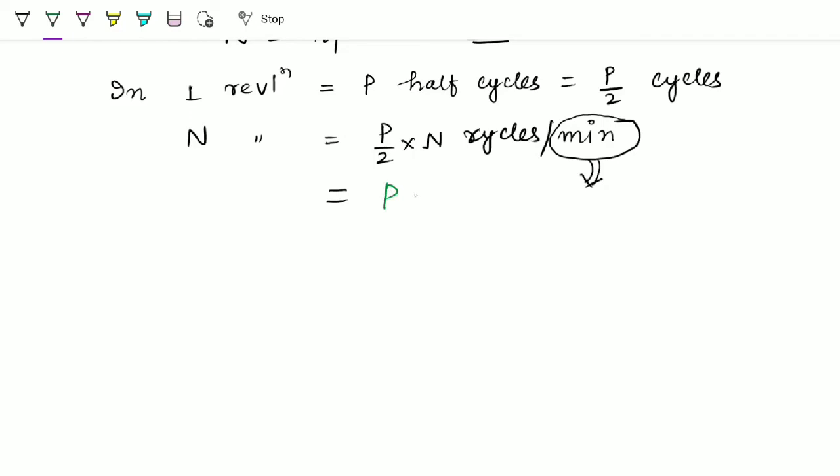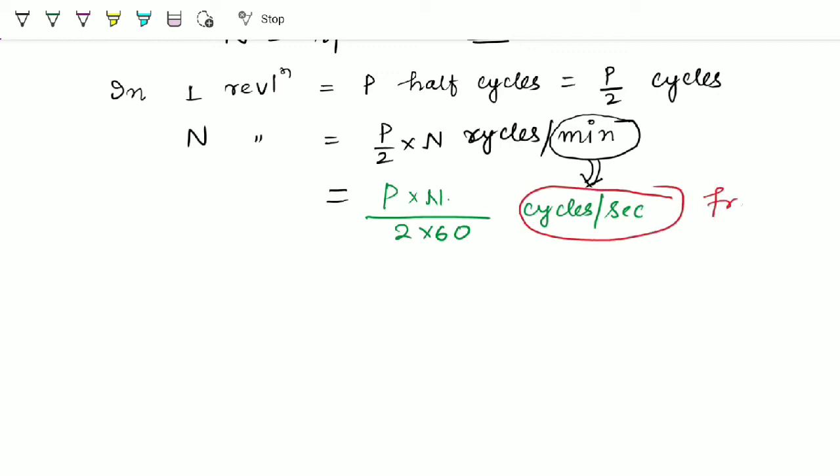So we will get P multiplied by N divided by 2 into 60 cycles per second. This cycle per second is nothing but the frequency, which is expressed in hertz.